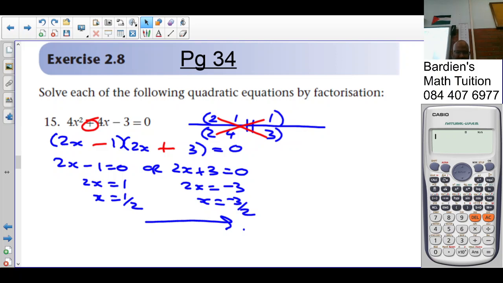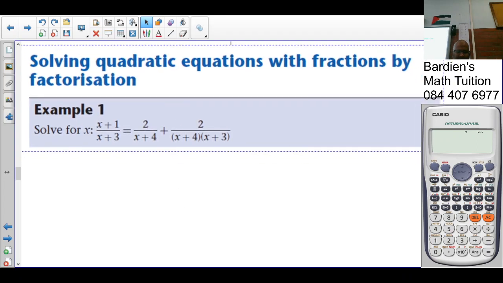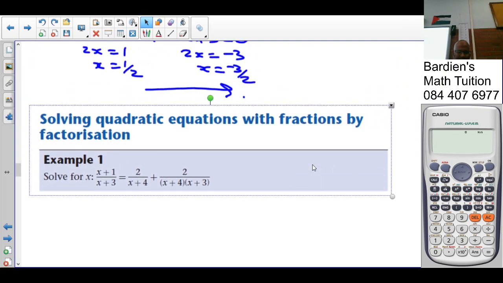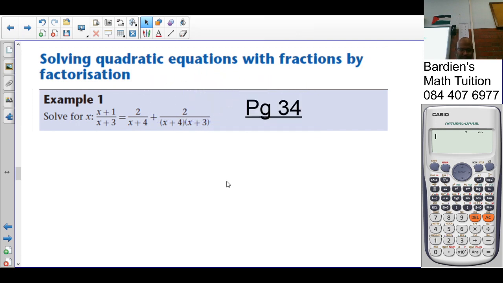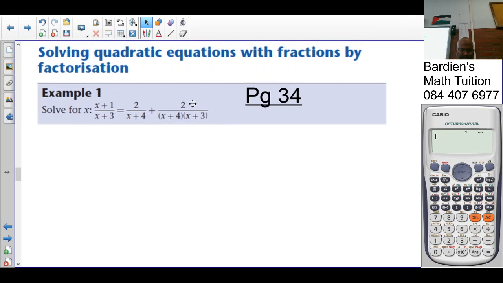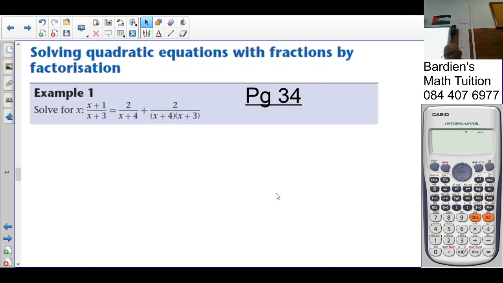And that's on page 34. Okay, take that sum down.